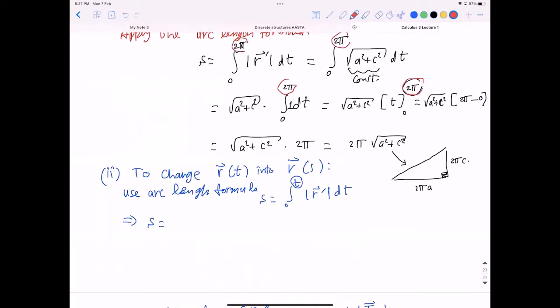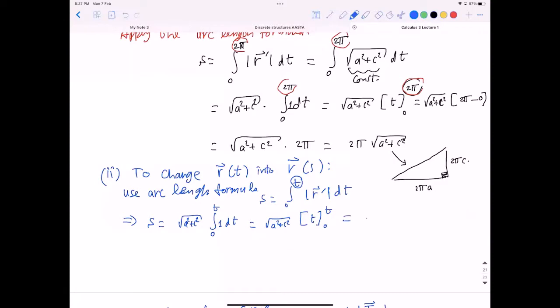So what do we get at the end? Anyone to help? Square root of a square plus c square, integral of what? 1 dt from 0 to t, which is the square root of a square plus c square times t from 0 to t.